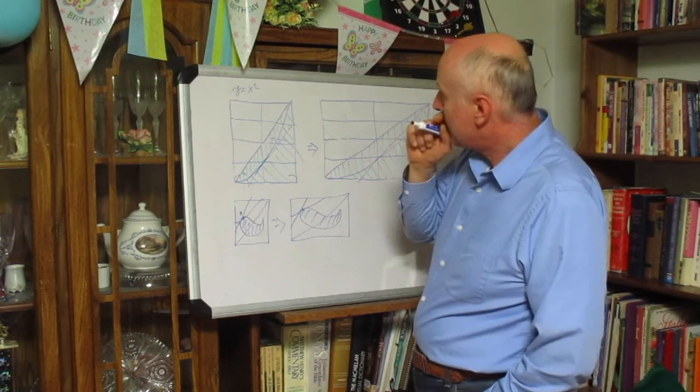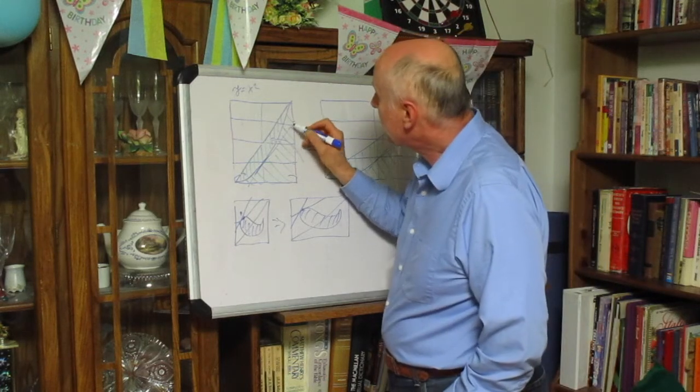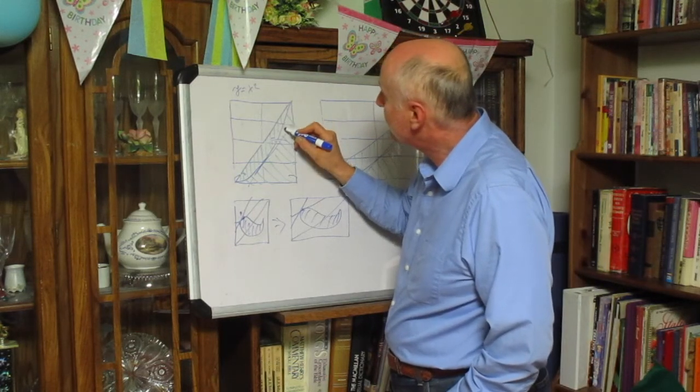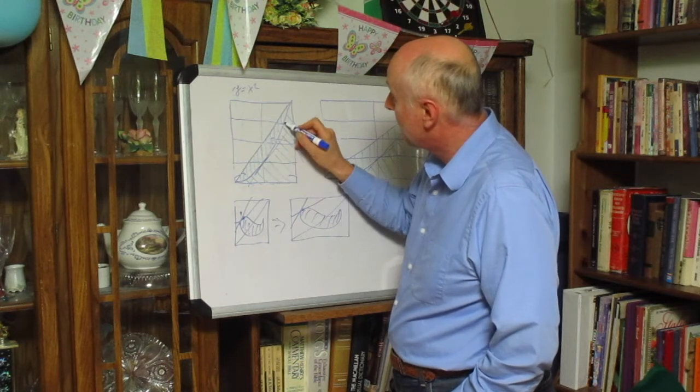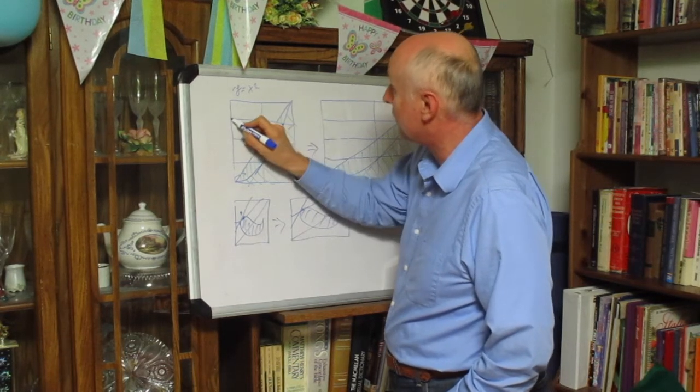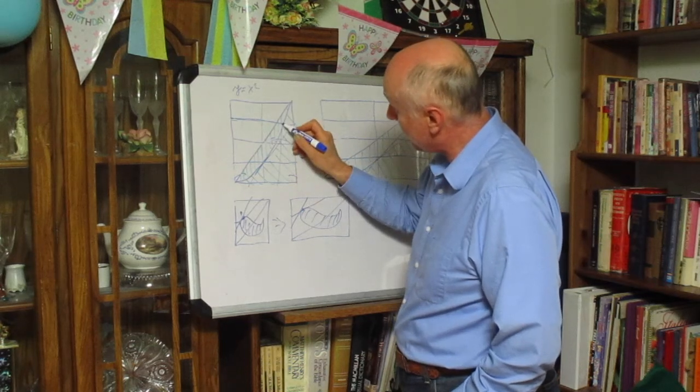Something interesting to note: let's say I pick any other point on this line, and we draw our box here and here, and draw our diagonal.